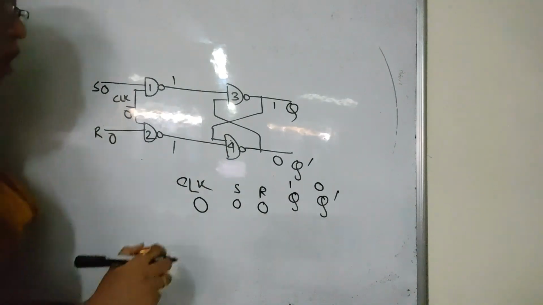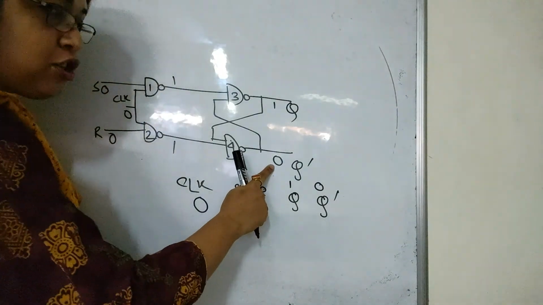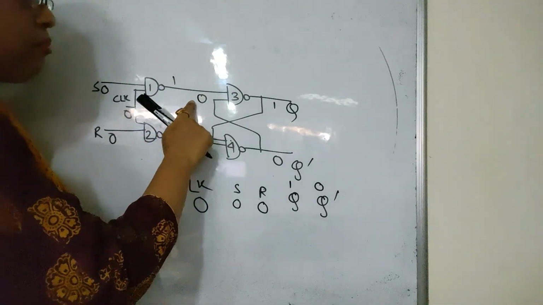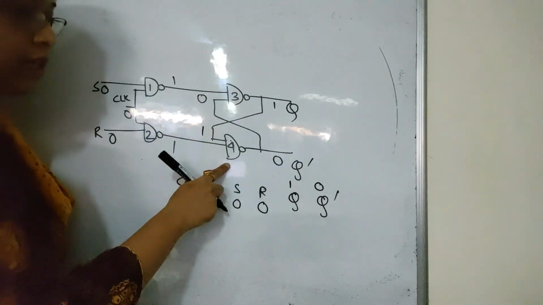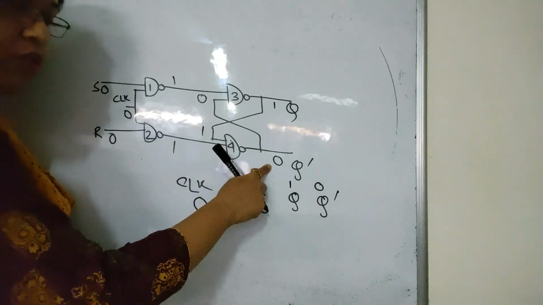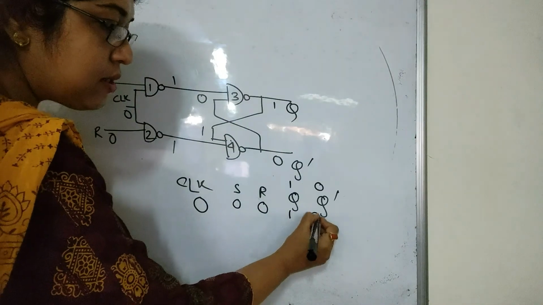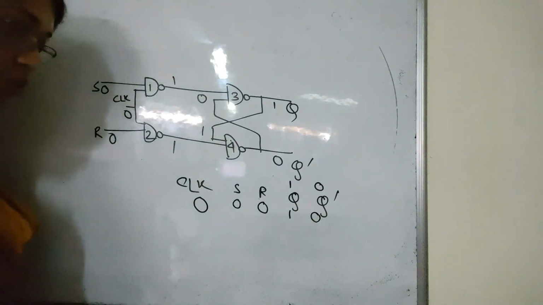Now, we have to take the low inputs first. So Q dash is fed back into NAND gate number 3. So NAND gate number 3 would give us an output of 1. This 1, when fed back into NAND gate number 4, will give us an output of 0. So Q is 1 and Q dash is 0. Therefore, the state does not change.